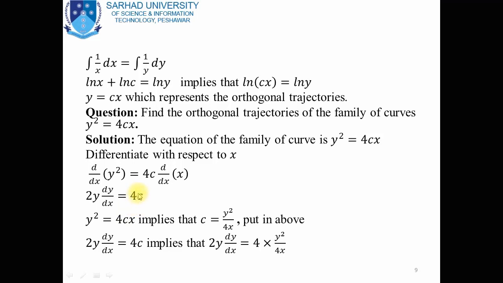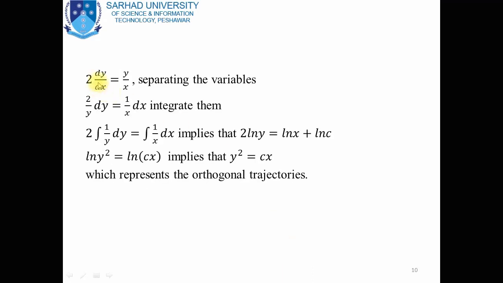Now find the value of c from the given equation. We obtain y square divided by 4x is equal to c. So putting the value of c in this differential equation, we get 2y dy by dx is equal to 4 multiplied by y square divided by 4x. The 4 cancels, and we get 2 dy by dx is equal to y by x.